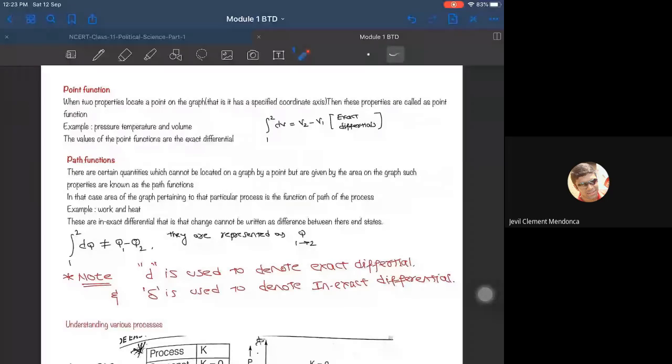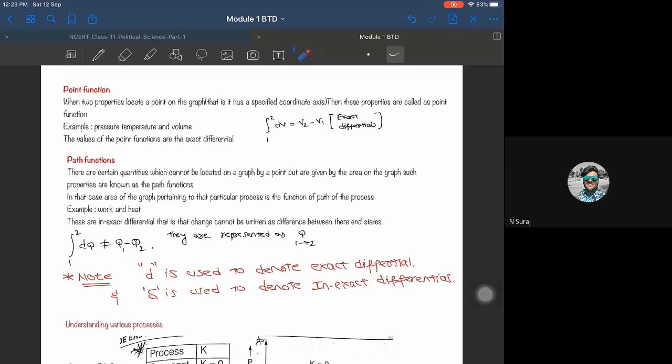Javel, present, sir. Karthik, yes, sir. Nasir Khan, present, sir. Muhammad Shihab, present, sir. Muaz, present, sir.